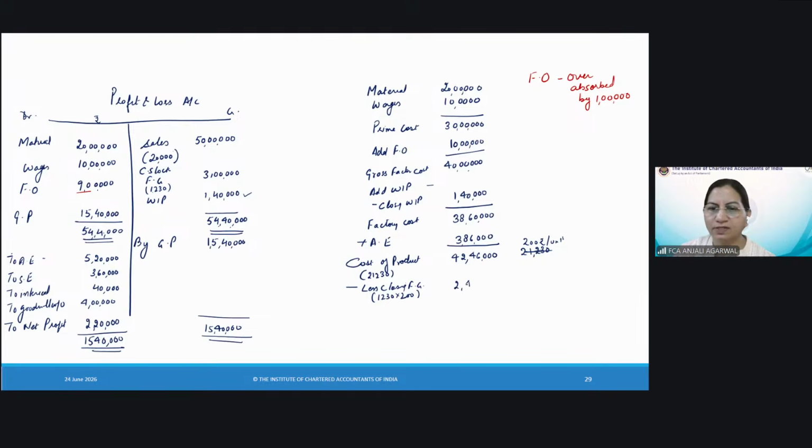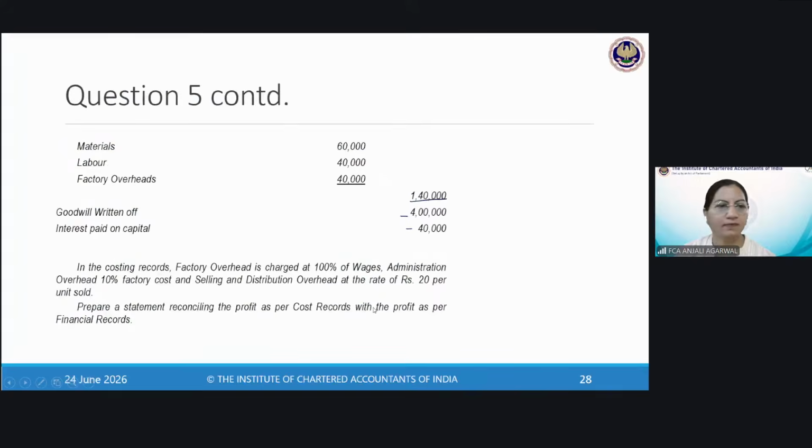So 2,46,000 is the cost of finished goods. Therefore, cost of goods sold is 40 lakhs. Add selling expenses. Selling expenses are 20 per unit sold.